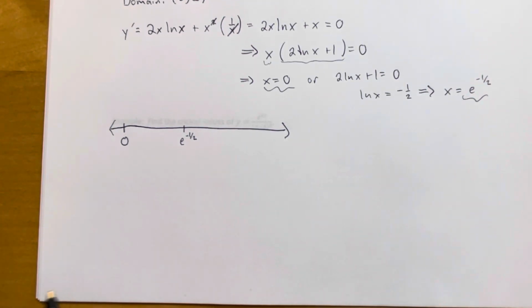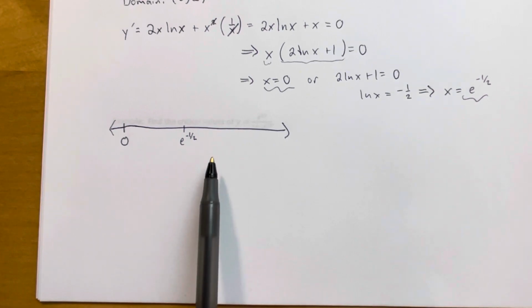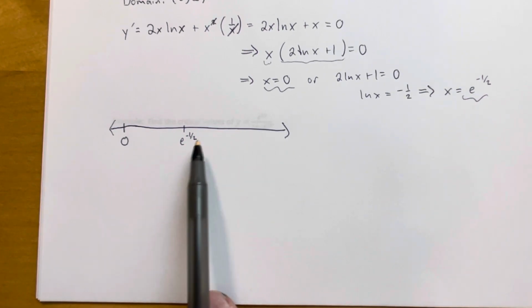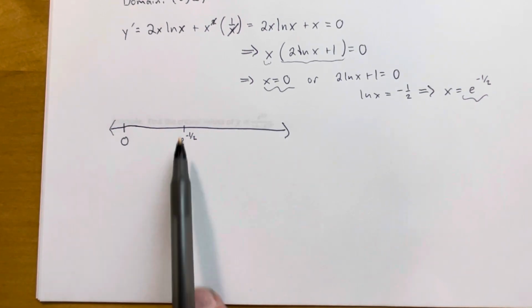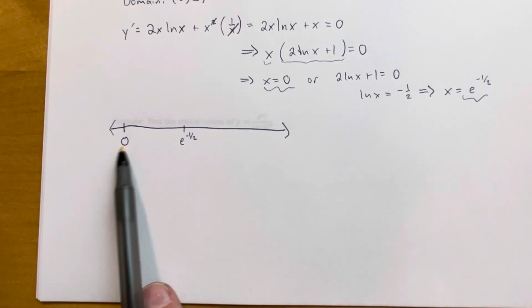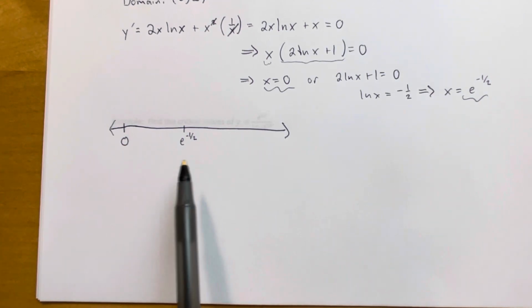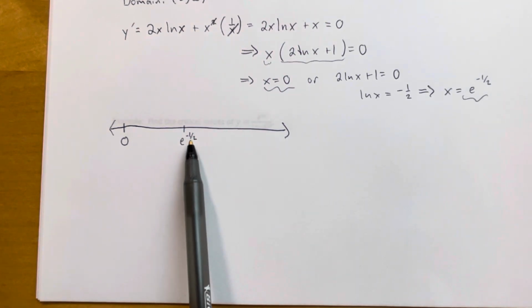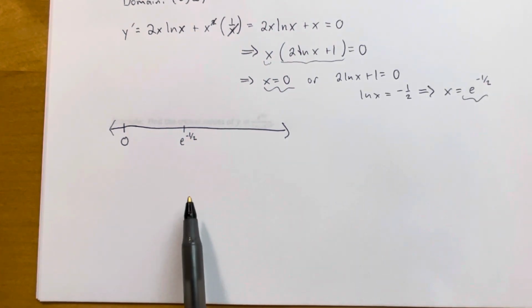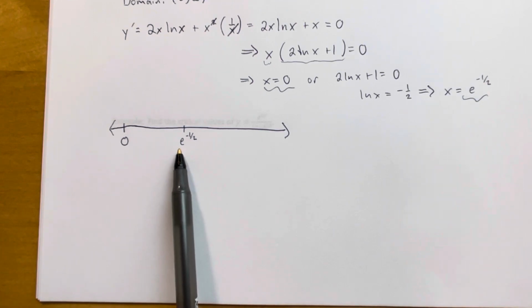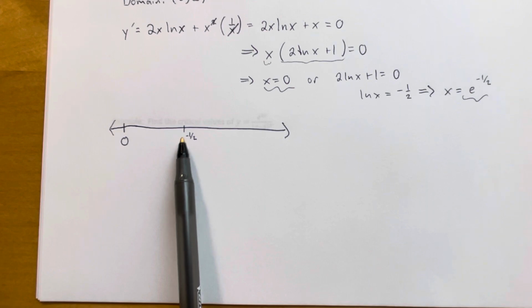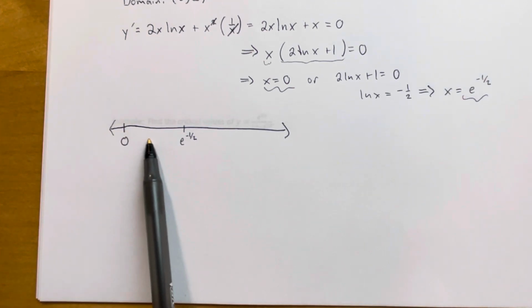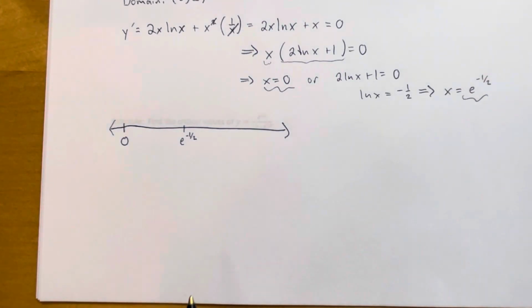So I'm going to pick some values to plug into this. You have to choose something that's greater than 0, so positive, but less than e to the negative 1/2 power. One approach you could take is to use a calculator, plug e to the negative 1/2 power in to your function, and then see what you get as a decimal, and then pick a smaller decimal that's still positive as my test point.